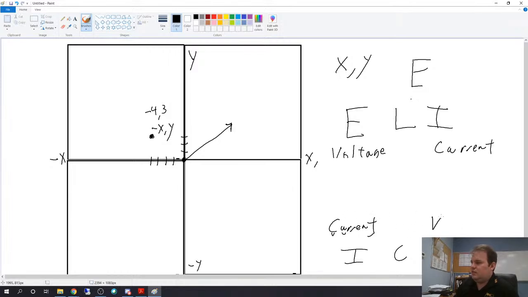Current is leading voltage. So Eli, in an inductive circuit, you'll have a lagging power factor. In a capacitive circuit, you'll have a leading power factor.